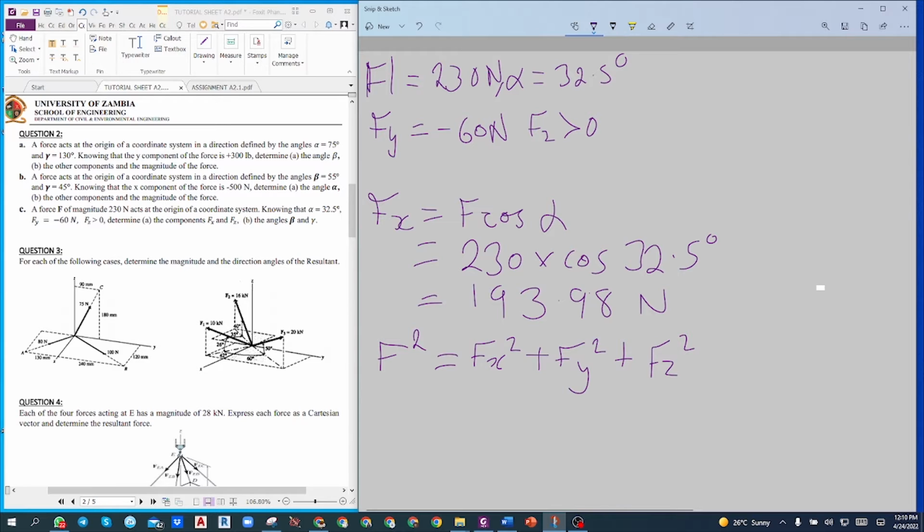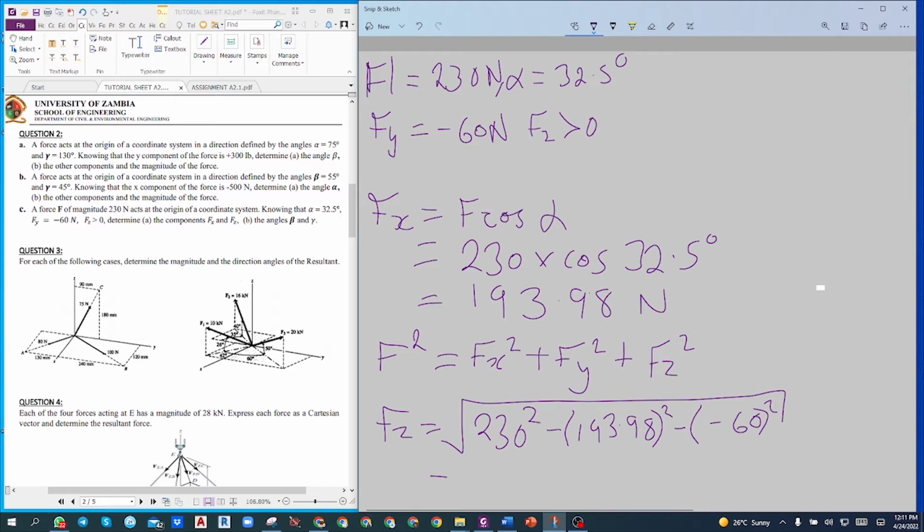Okay, so my Fz will be equal to the square root of 230 squared minus 193.98 squared minus minus 60 squared, isn't it? Right?